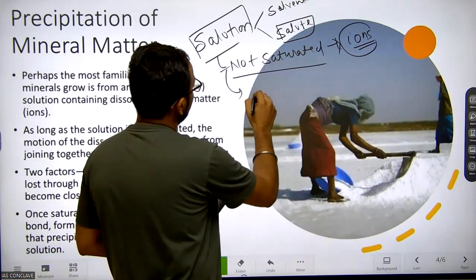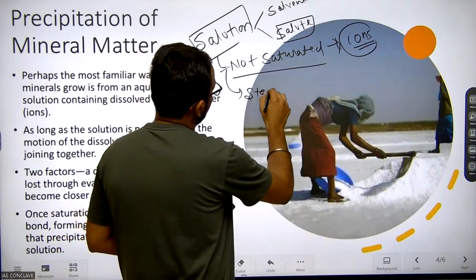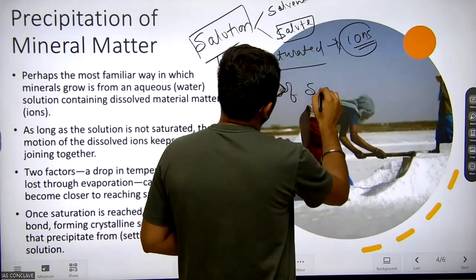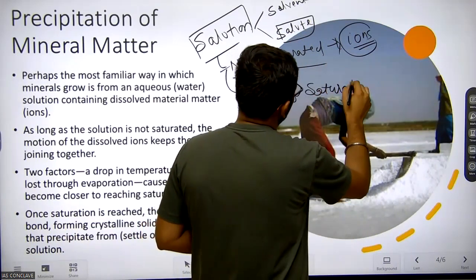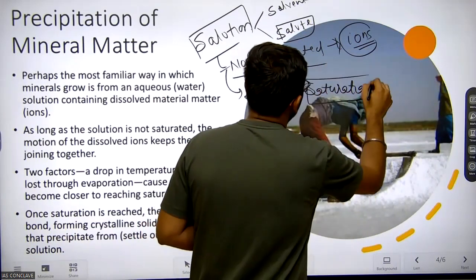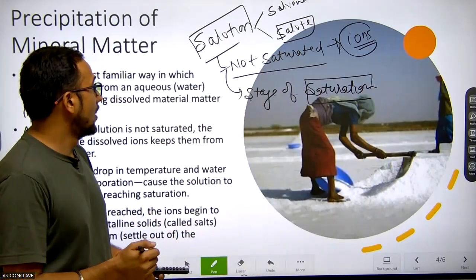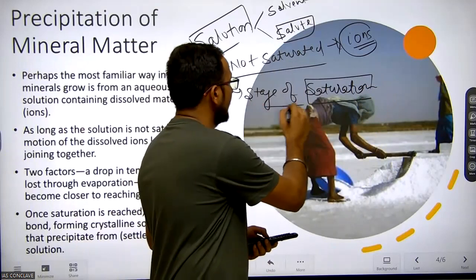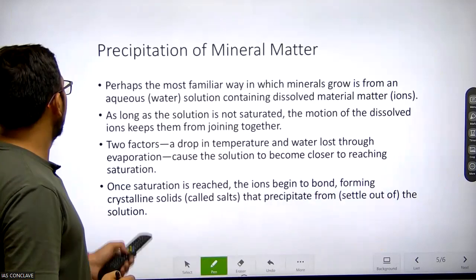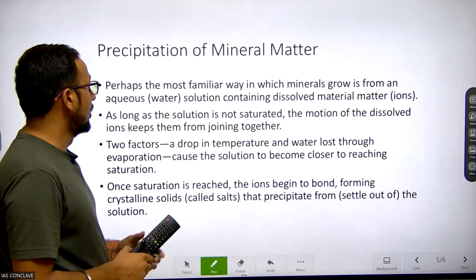But whenever there is a stage of saturation, then what happens? What happens in the stage of saturation? Let's see in the next slide. Now look at these slides.